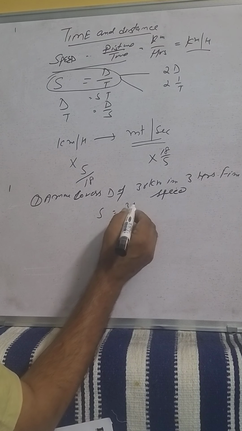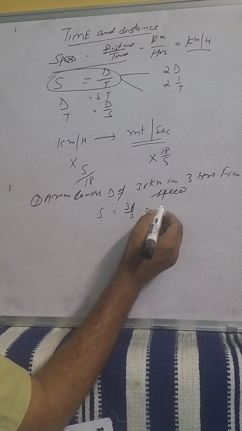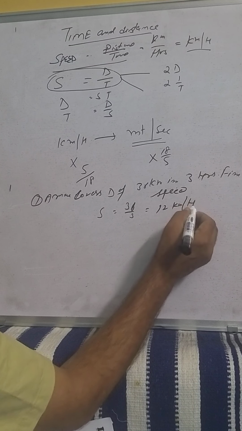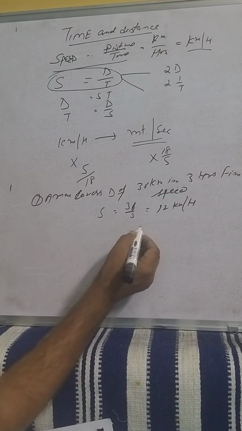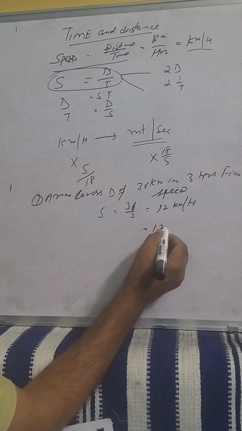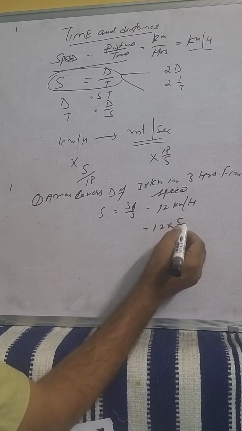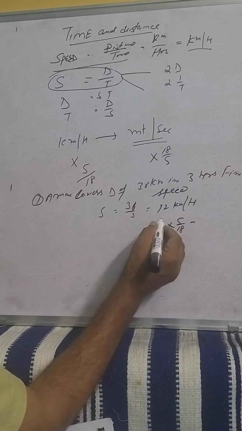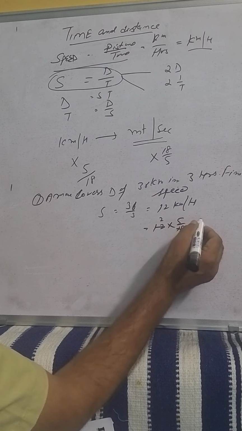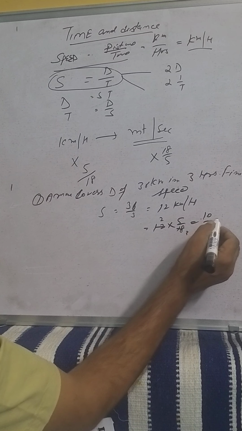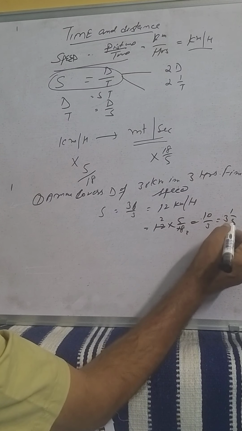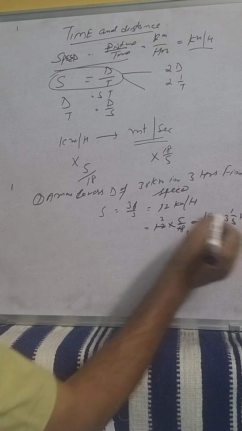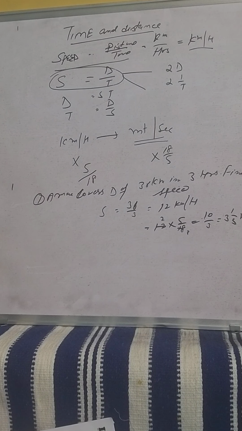Distance is 36, time is 3, so the speed will be equal to 12 kilometer per hour. It can also be converted into meter per second. Multiplying by 5 by 18, we can convert this into meter per second: 6 into 2, 6 into 3, 10 over 3, 3 1/3 meter per second. This will be the speed.